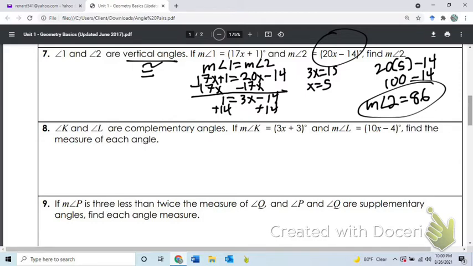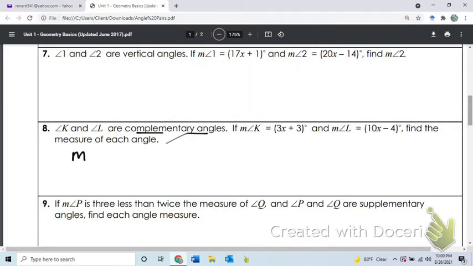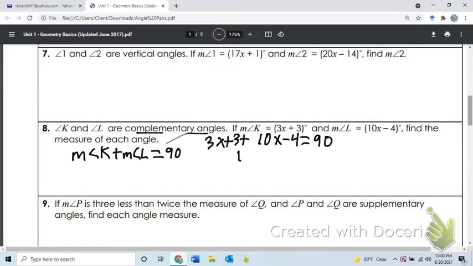And on to number 8, complementary angles, which means that the measure of angle K plus the measure of angle L equals, drum roll please, 90 degrees. We then fill in the given binomials, 3x plus 3 and 10x minus 4. Set those equal to 90.